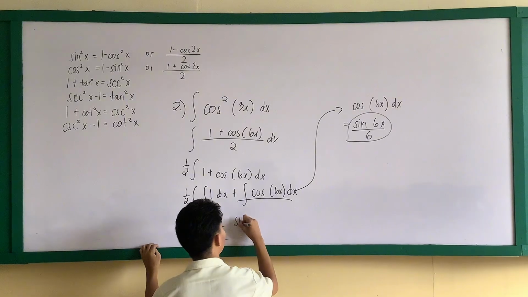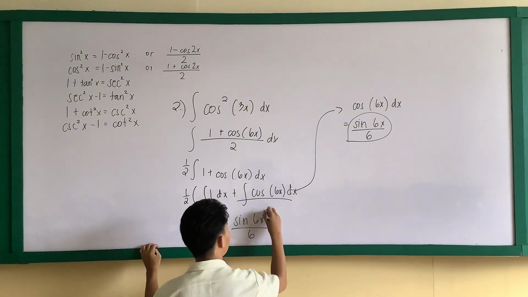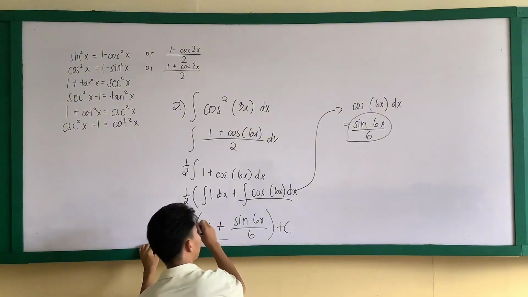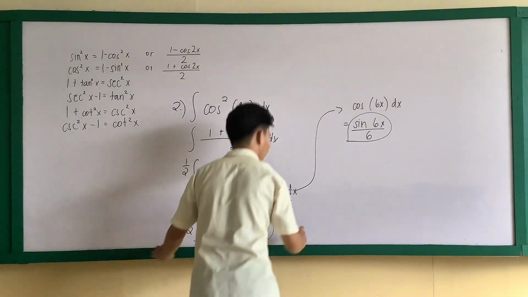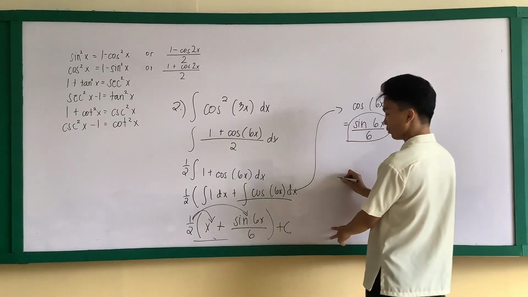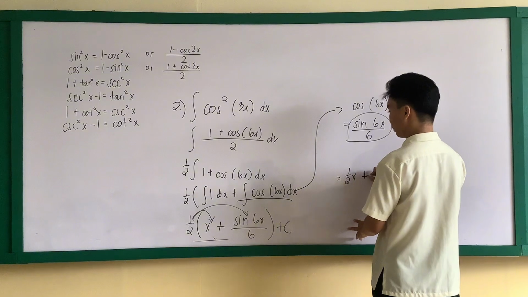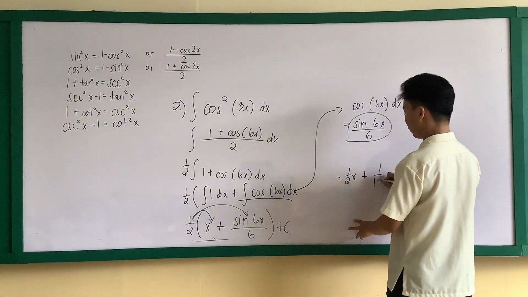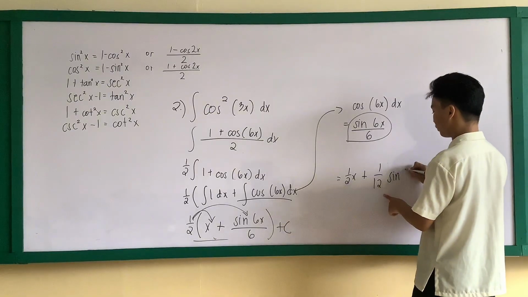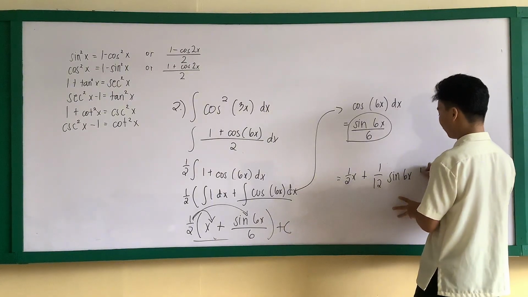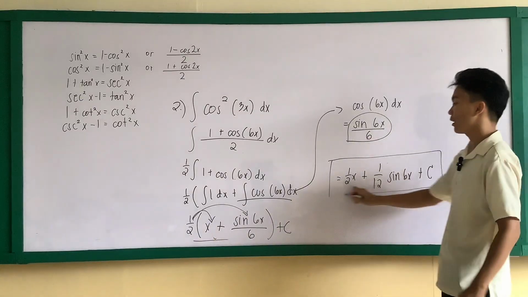Maging sine 6x over 6 plus c. So next is i-distribute natin yung 1 half sa loob. So magiging ganito: equal 1 over 2x plus 1 over 12, 2 times 6 is 12. So next is sine 6x plus c. So here is our final answer.